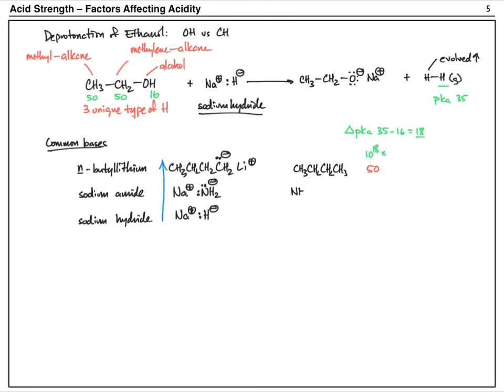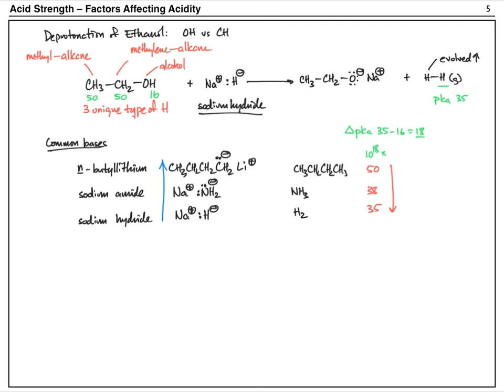For ammonia, we saw that was 38. And then for hydrogen, we saw that was 35. So acidity increases through this trend. So again, the relationships are different. Functional group acidity increases, conjugate basicity increases this way. So we use these common bases to favor forward equilibrium in deprotonation events.